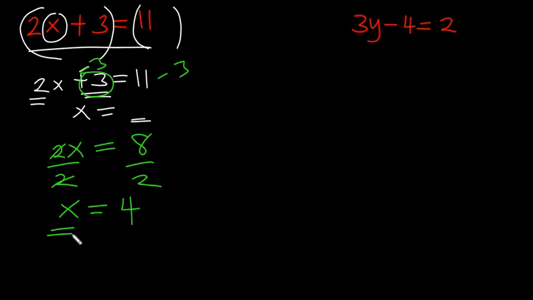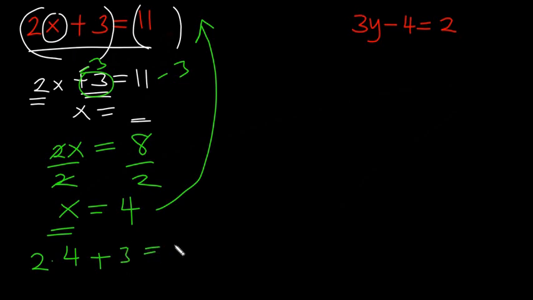I want us now to confirm whether 4 is actually the value of x. To do that, we're going to go back to the equation and replace x with 4. We're going to have 2, and instead of x we're going to have 4, but we're not just going to write it as 24. We're going to multiply 2 by the value of x, which is 4, so we have 2 times 4, and then we add 3, and this should be 11.